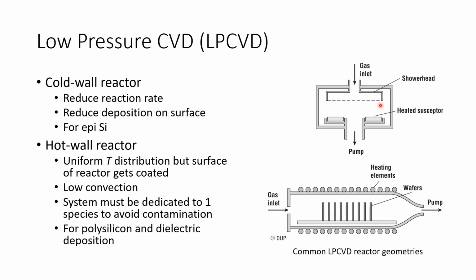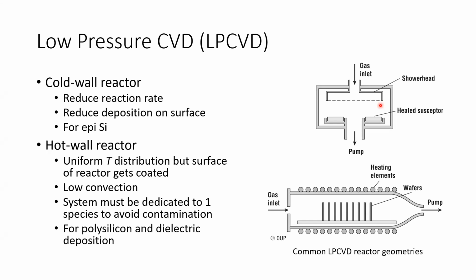We also have the second type, hot wall reactor. A hot wall reactor can provide a uniform temperature distribution, so we can get the temperature to be the same anywhere around the chamber. But the drawback is that the surfaces can be coated with the reaction product.